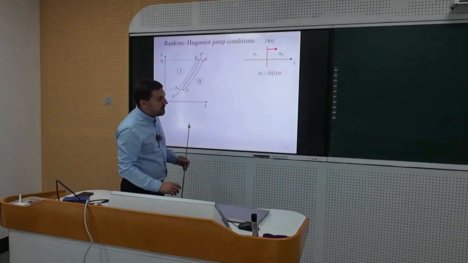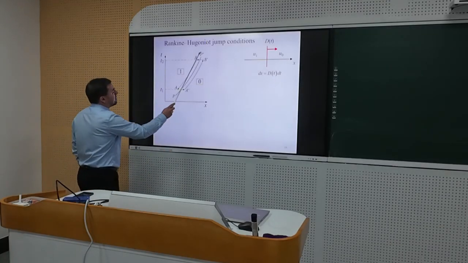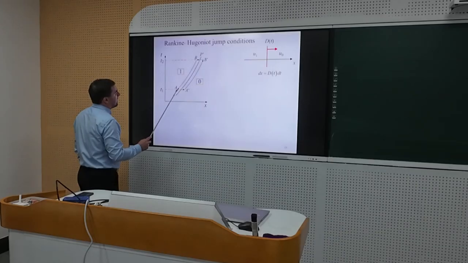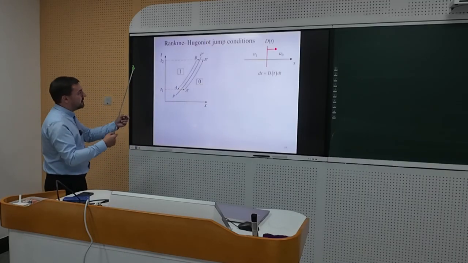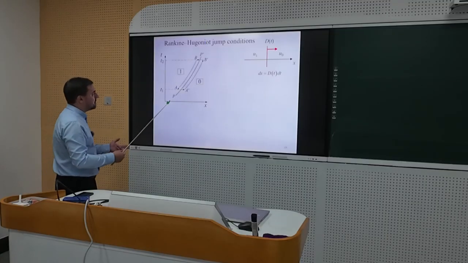So consider this plane xt, and p prime is the trajectory of our discontinuity. Let's choose this contour a prime, b prime, b, in such a manner that these points are on opposite sides of this discontinuity. t1 and t2 are just two arbitrary time instants.